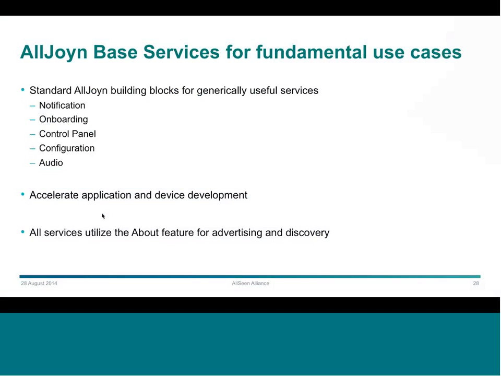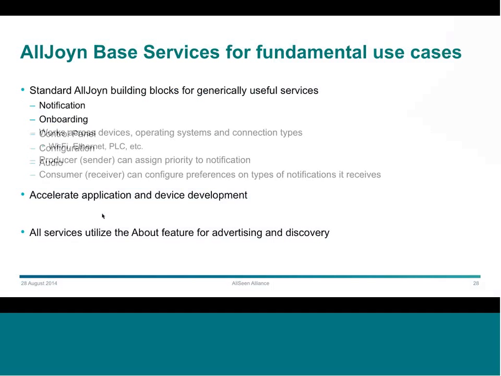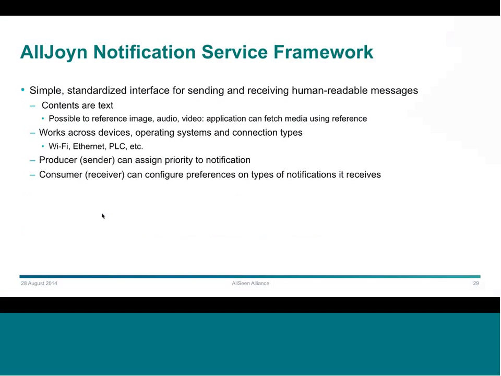There's onboarding, which is how you connect a new IoE device up to your network. There's control panel, which is a one-to-one interaction on being able to understand the capabilities that are exposed from a device and interact with them. Configuration and audio. And each of those things leverage the About feature for that discovery.